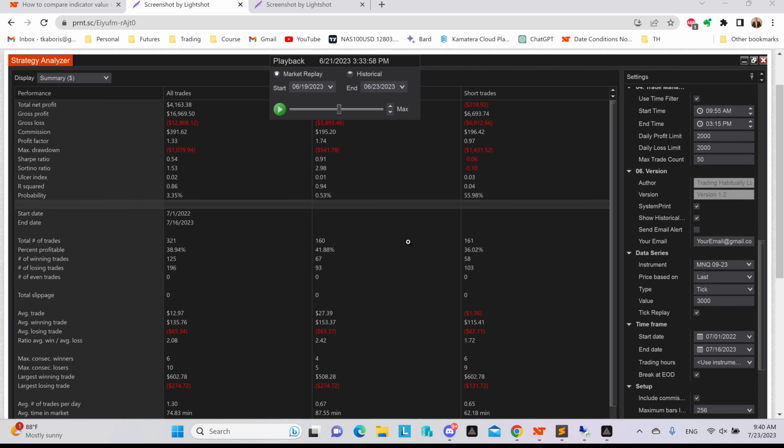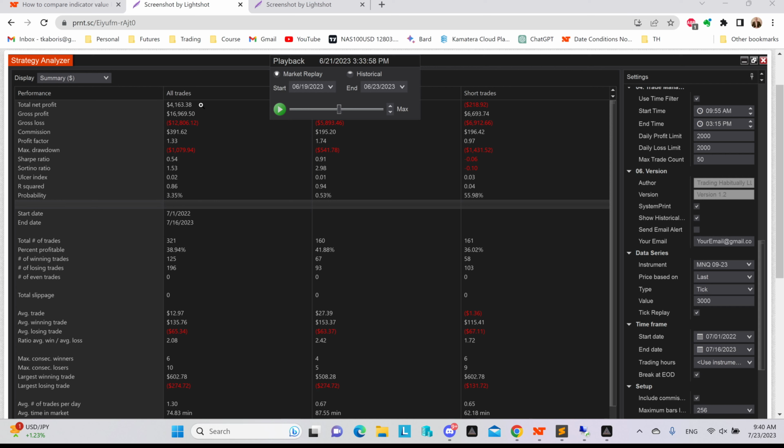That will be a different test. This is just 3,000 ticks, as you see here, and it profited $4,000 in 1 year just trading a single micro contract.